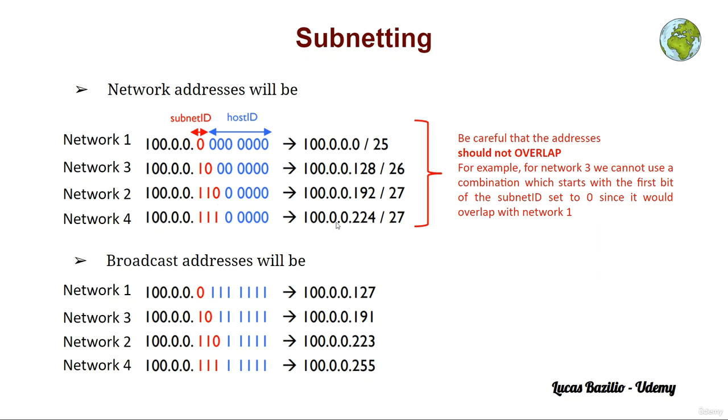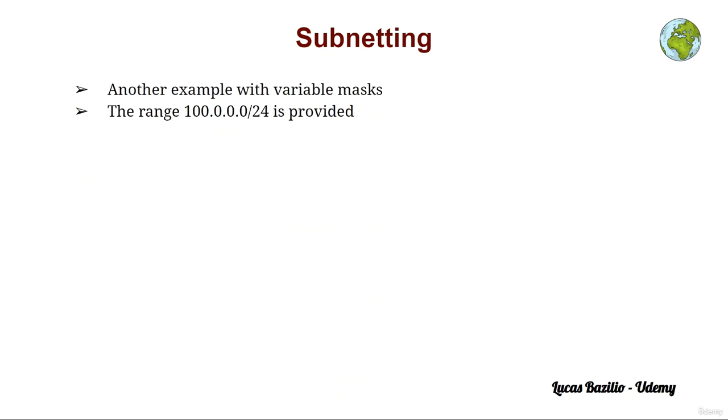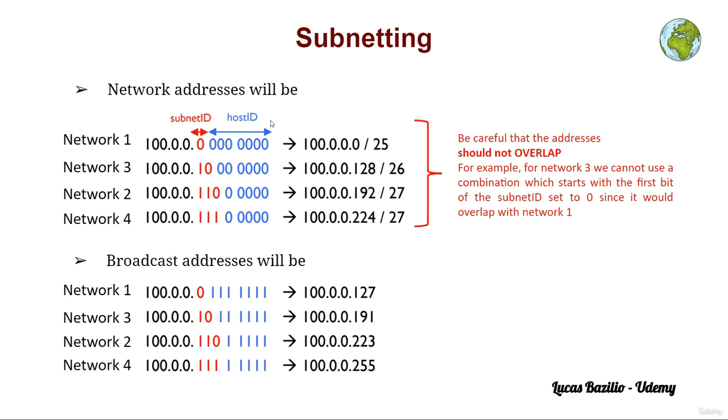Very important, the masks. So since we had initially on the network 1, right, and essentially on the range we had the mask of 24, on the network 1, since the subnet ID is 1, we add 1 bit, so we have 25. Then network 3, we originally had 24, but since here we have 2 bits of the subnet ID, we add 2, so 24 plus 2 bits, 26 bits.